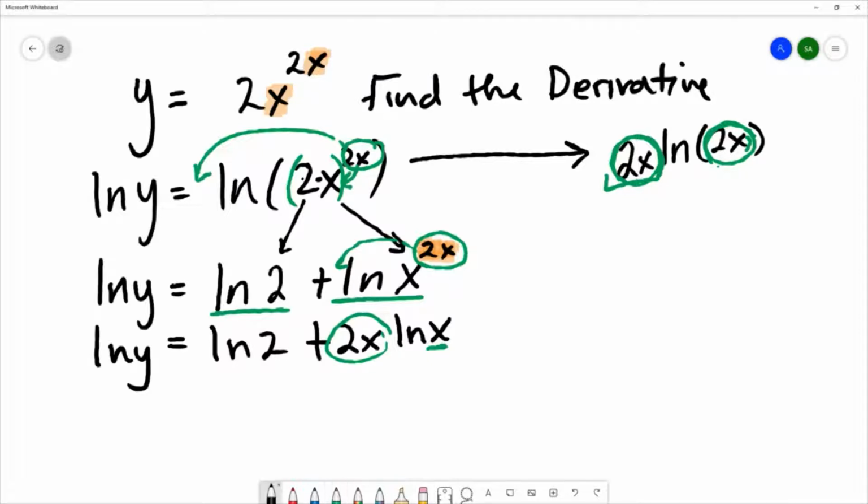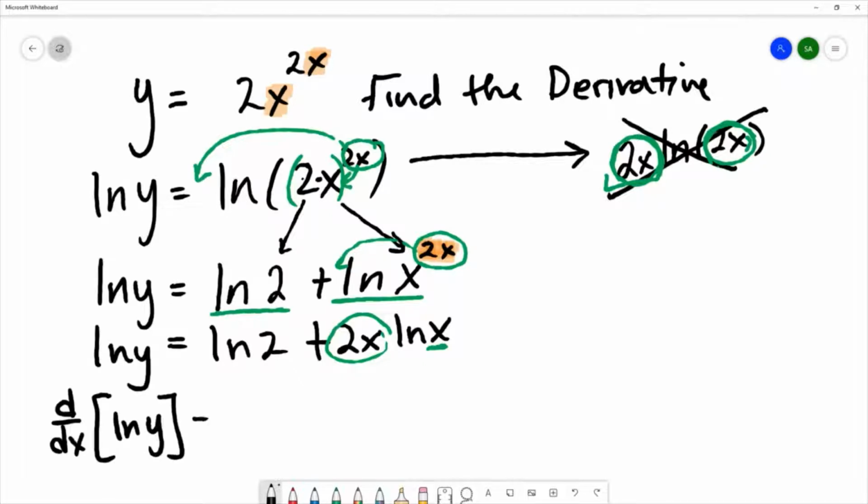Okay, so now that we've got that common mistake out of the way, we'll continue to solve this problem using logarithmic differentiation. So I've simplified with the algebra properties, and now I'll calculate the derivative with respect to x on the left and the derivative with respect to x on the right.